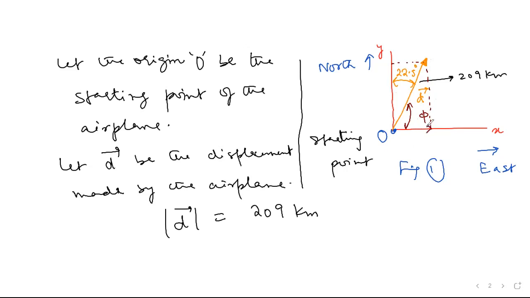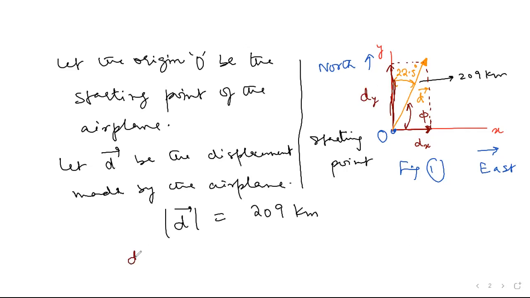So this is my dx, x component of displacement d, and this length is my dy, y component of vector d.